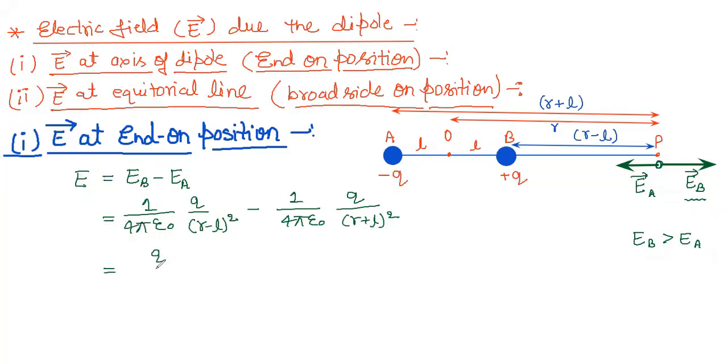Now take the common, Q upon 4 pi epsilon naught, and inside the bracket will be 1 upon R minus L square minus 1 upon R plus L square.